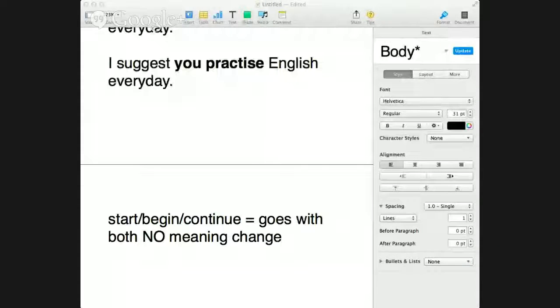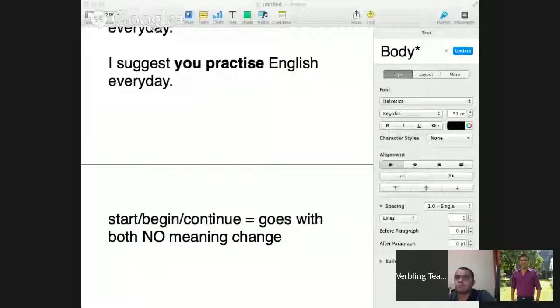Alright, just wanted to finish before I let you go, that there's 3 verbs, very few actually, I can't think of any more right now, that you can use with either, and they don't have a change in meaning. I'm just going to tell them to you because I can't seem to do a screen share either.